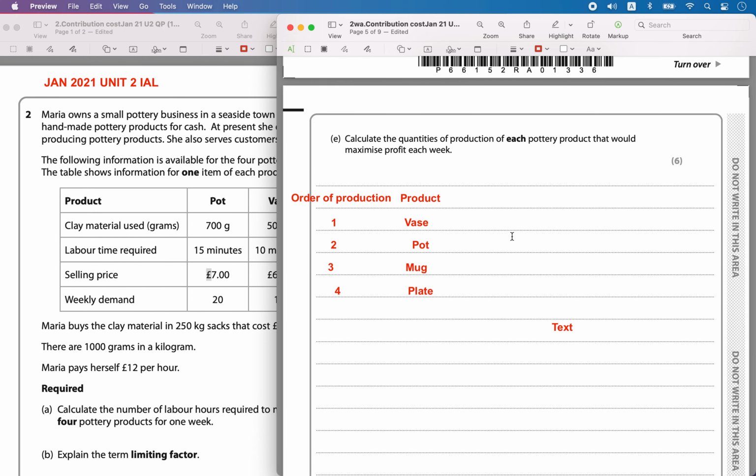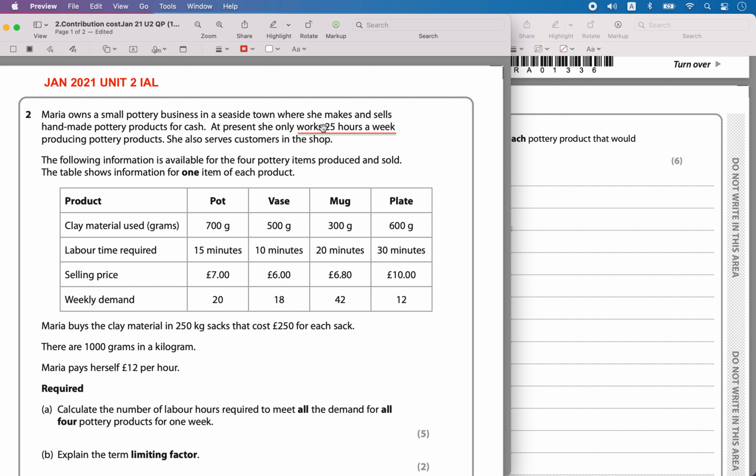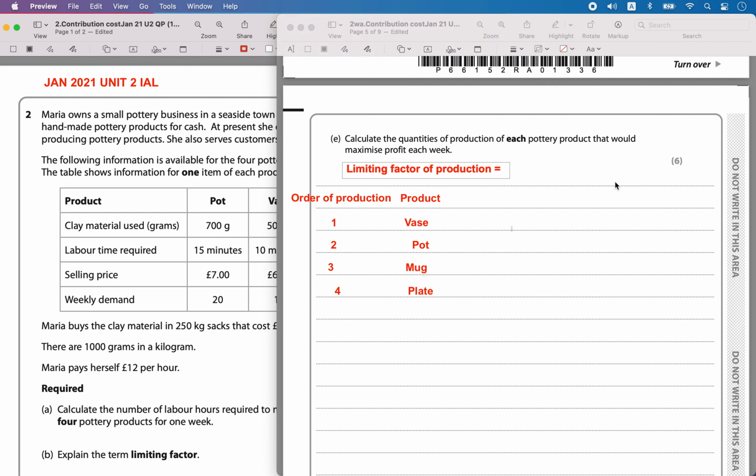Now what is the constraint? The limiting factor of production is 25 hours of work, or she can work only for 25 hours.